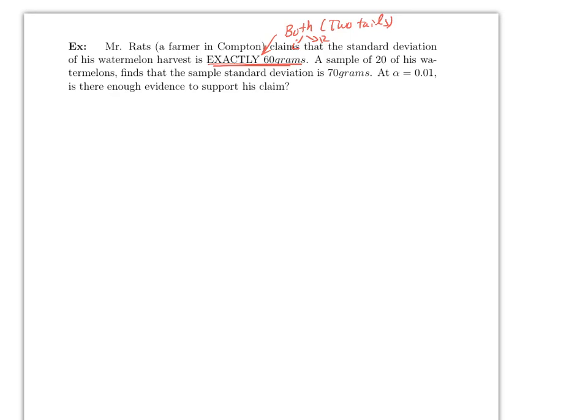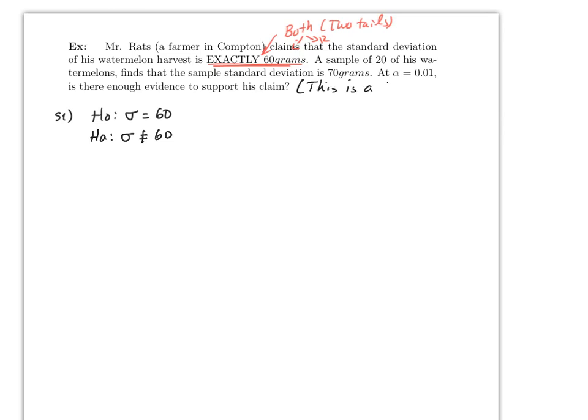So therefore the claim is that sigma equals 60, and the alternative is going to be that sigma is not equal to 60. So this problem on the exam will say something like this too.